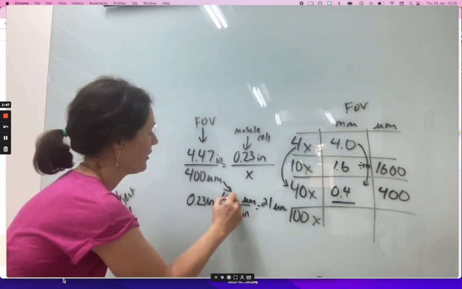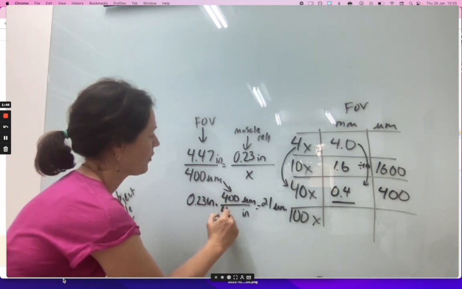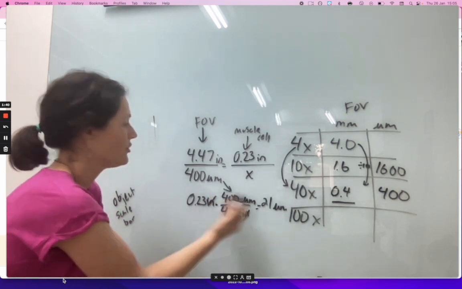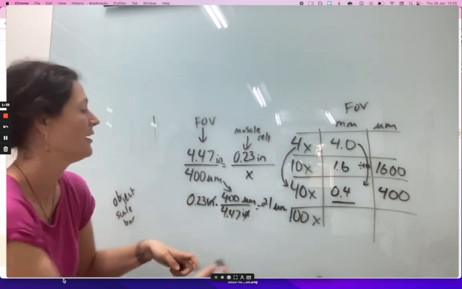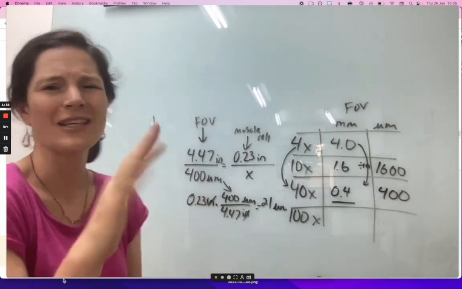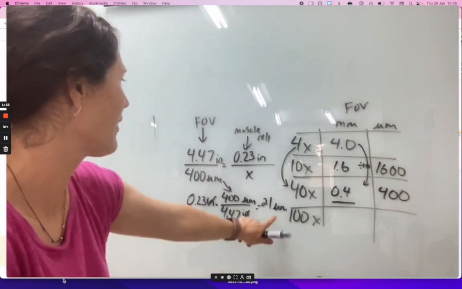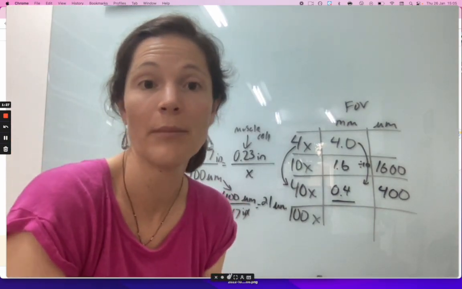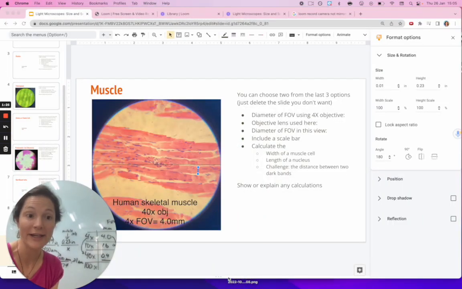So 400 micrometers in real life is 4.47 inches in my image, and then these cancel out. Doing this math, 0.23 times 400 divided by 4.47, you get about 20.6, which I rounded to two significant digits, so the cell should be 21 micrometers wide.